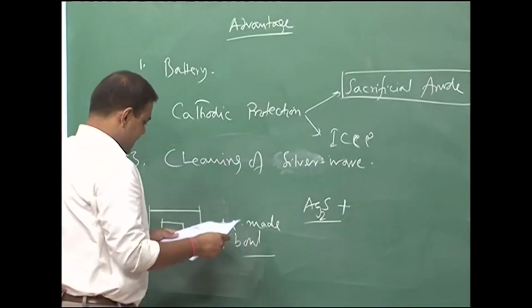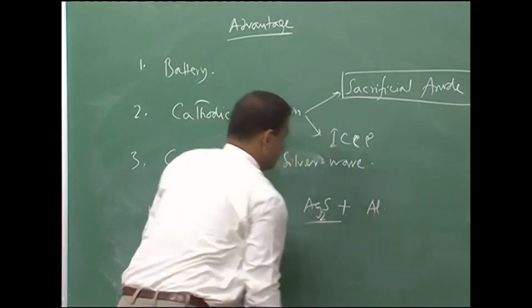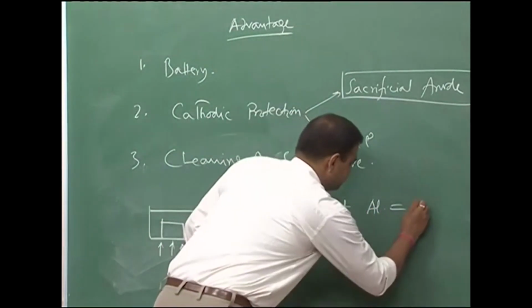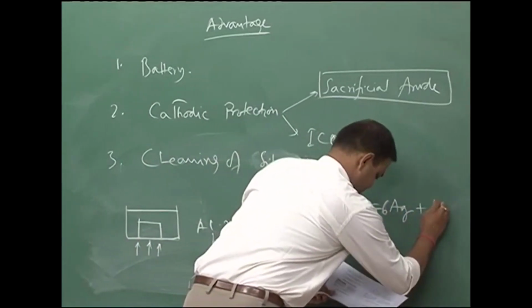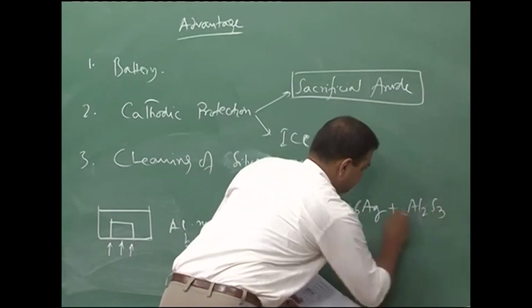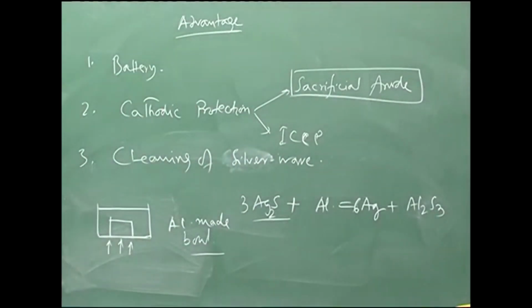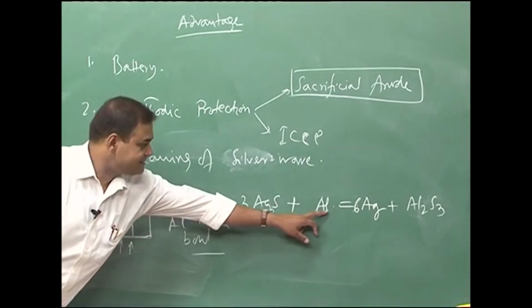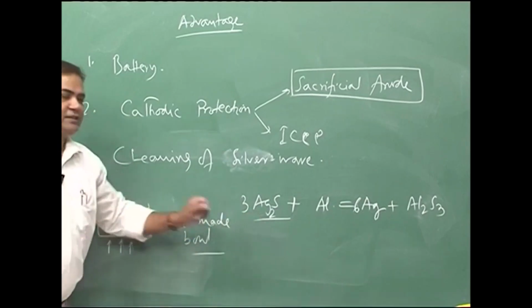In the presence of aluminum, this reaction happens. Now, you see there is a galvanic contact between this, and this acts as anode and this acts as cathode.